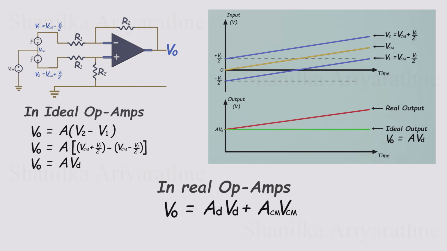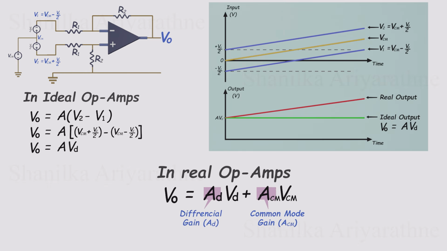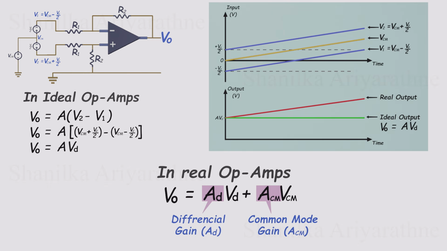In a real op-amp, the output isn't just the gain times the input difference. It also includes a small portion of the common mode voltage. That's why the actual output often comes out larger than the ideal model predicts. To make this clear, engineers define two types of gain: the differential gain, AD, applies to the difference input.